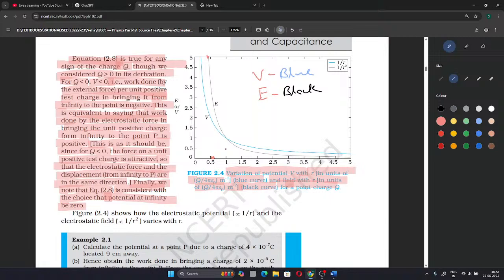As the radius keeps on increasing, there is a drastic decrease. This is for the electric field. As the distance keeps on increasing, it keeps on decreasing. This is because E is proportional to 1 by r square, and as the distance increases, it continuously gets close to 0.